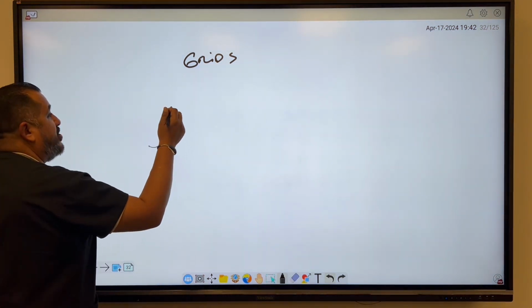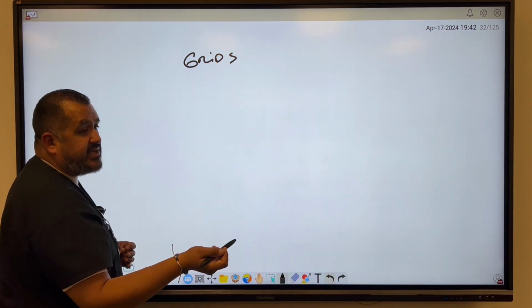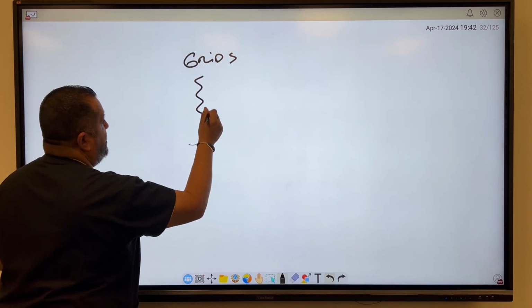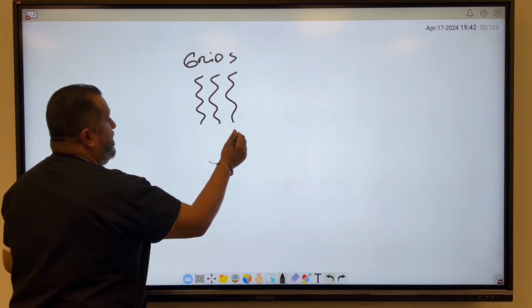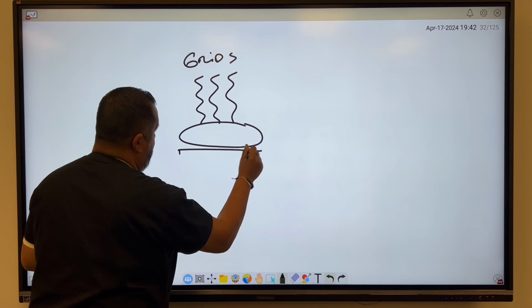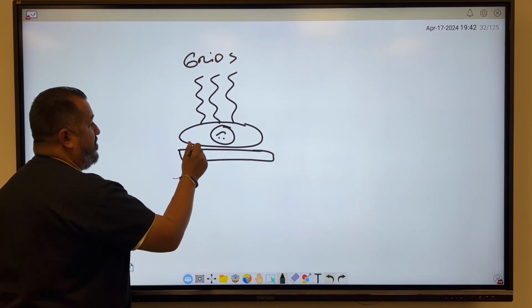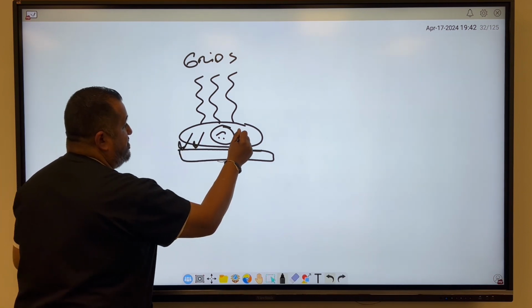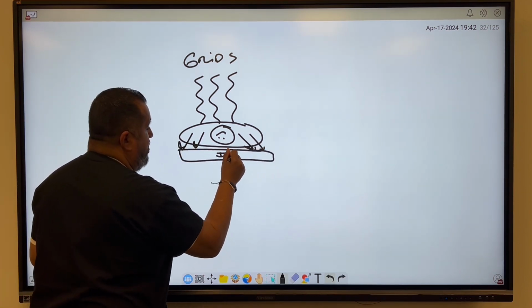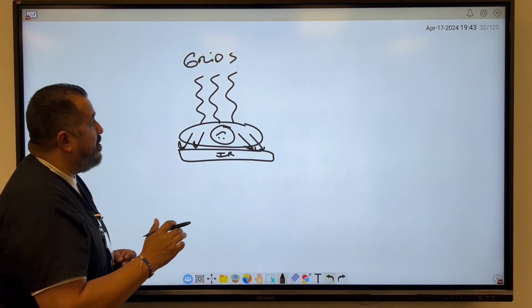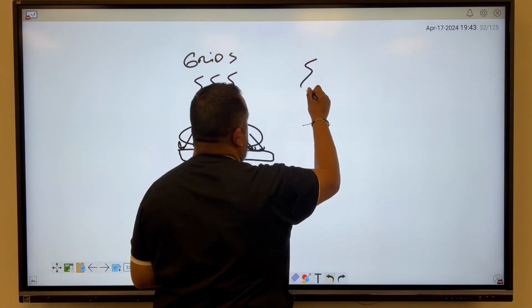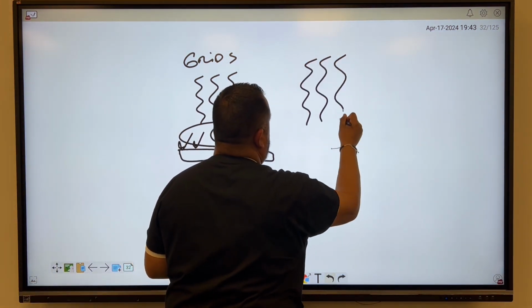So with grids, you know grids are going to be used to attenuate scatter, correct? So I'm going to draw an exam here with no grid. All right, so here's our patient. Always happy, right? So when scatter is produced, the scatter is going to hit the IR. But now, if you add a grid, all right, here's our patient.